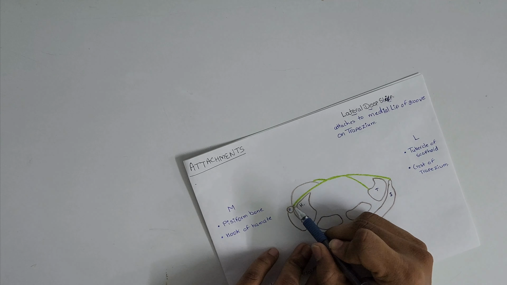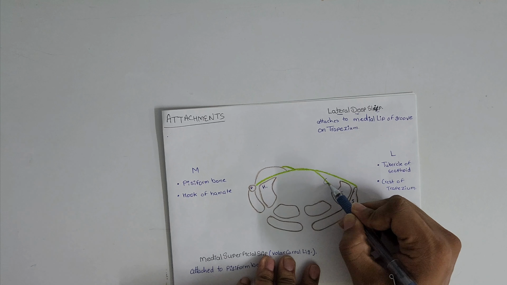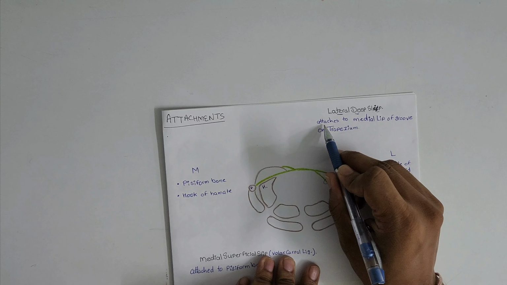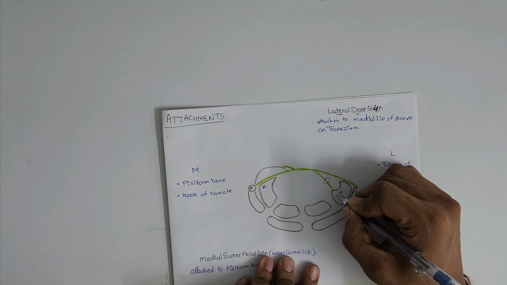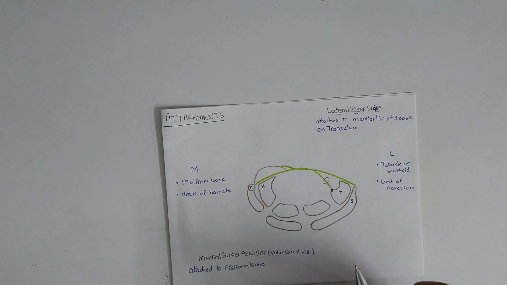This was our main flexor retinaculum, and this extra growth, they named it the lateral deep slip, which attaches to the medial lip of the groove of trapezium. This attaches here. This is the medial lip of the groove of trapezium.